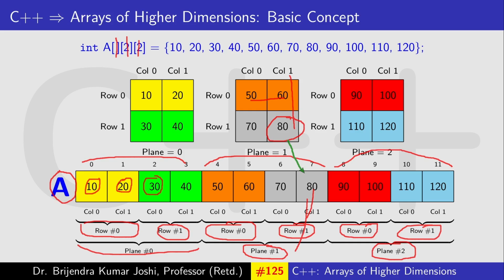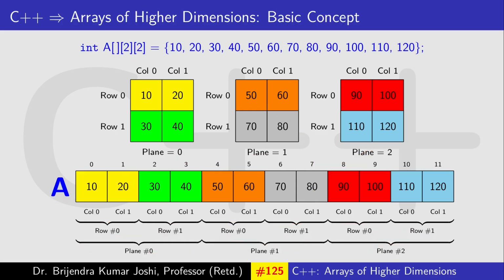So 4 plus 2, and column index is 1, so add 1, so 7. So 0 through 0, 1, 2, 3, 4, 5, 6, and 7. This is the way we can access elements of a three-dimensional array by making use of the appropriate indexing function.